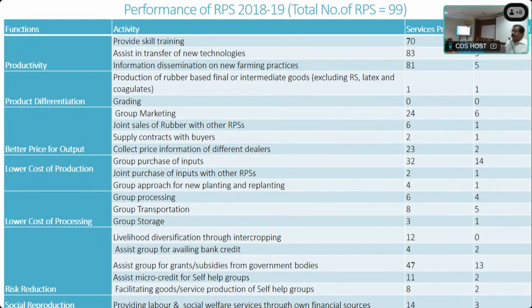Now, of the 99 rubber producer societies, 70 of them have taken up these three activities, that is, the productivity-increasing tools: skill training, assisting in transfer of technology, and information dissemination.